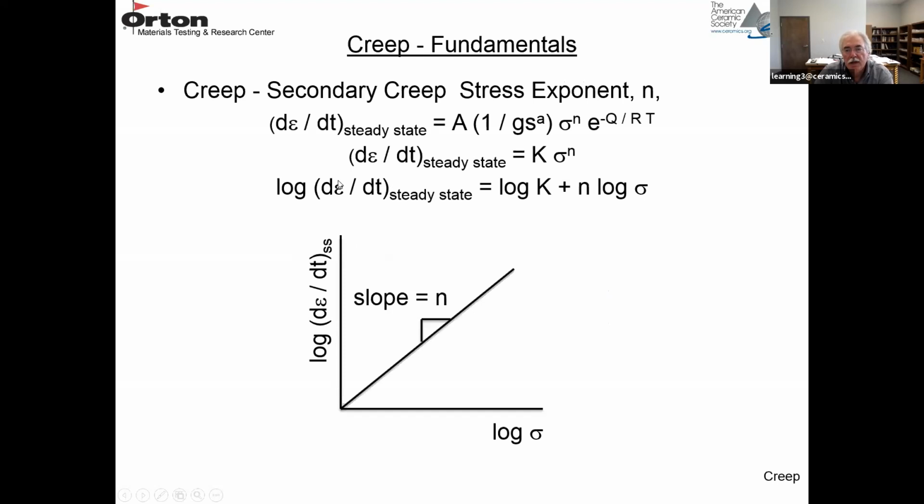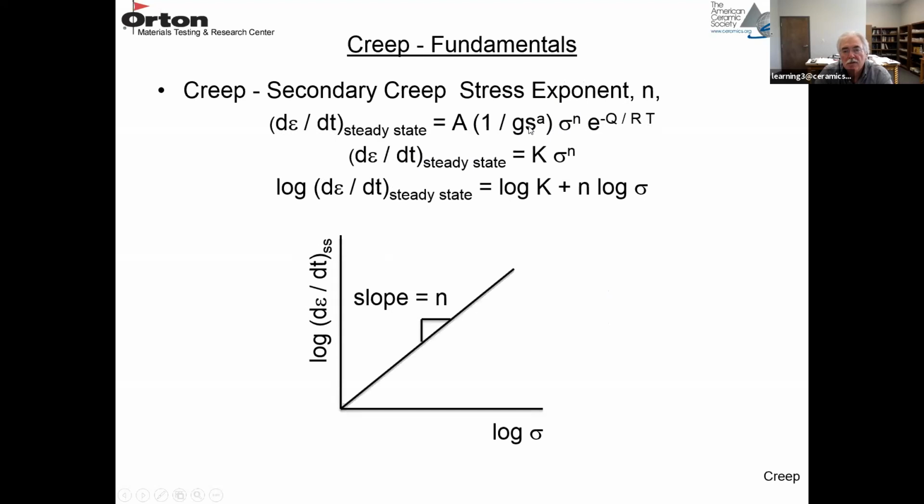So you can isolate each one of those components. And if we look at the stress first, we'll look at the stress exponent. So this was the equation I just described. If you hold grain size constant and you hold temperature constant, you can run an experiment where you can measure the strain rate, dε/dt, as a function of applied stress.